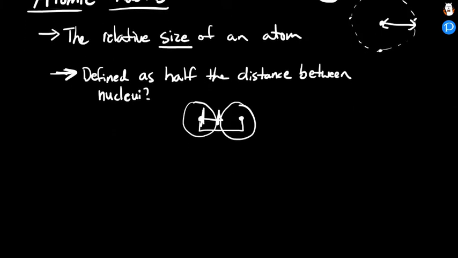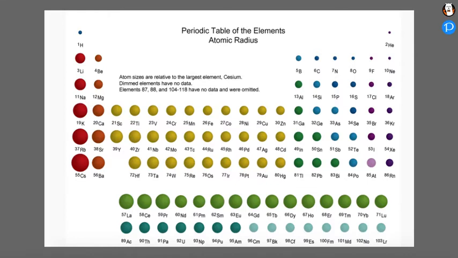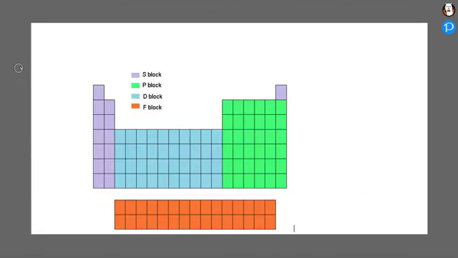Now, there are some trends in size in the periodic table. Remember the setup of the periodic table: we have groups, going like this.